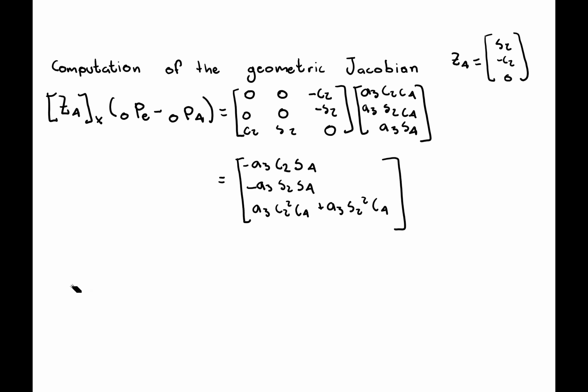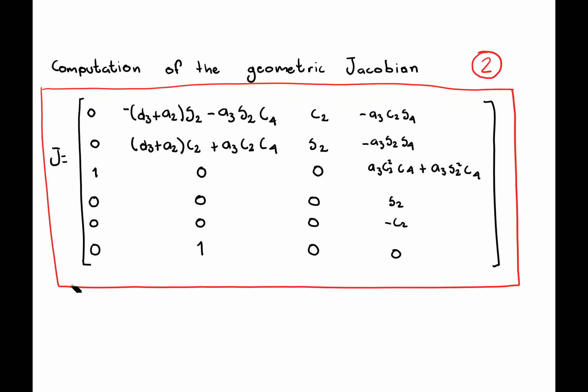Okay, we have our cross products. So basically, it's just replacing this into our Jacobian, and this is the answer to our second question, which is the computation of the geometric Jacobian.